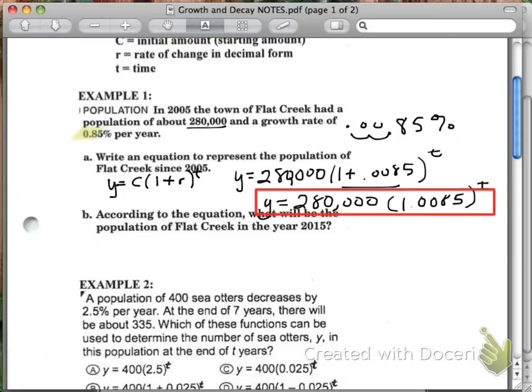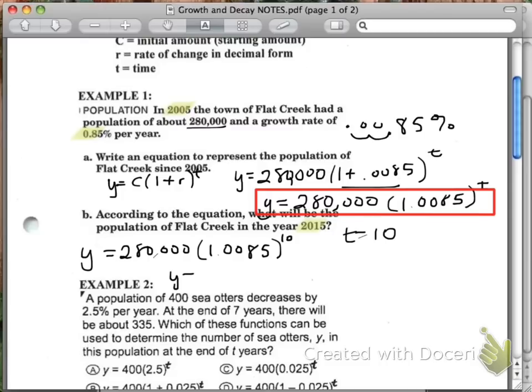So now I'm going to take the same equation, y equals 280,000 times 1.0085, and instead of t now, I know that t equals 10 years because we're talking about a time frame from the initial equation, 2005, to now we're talking about 2015. So that's 10 years. So t is now 10, so I'm going to put that up in my equation, and then I'm going to work it out.